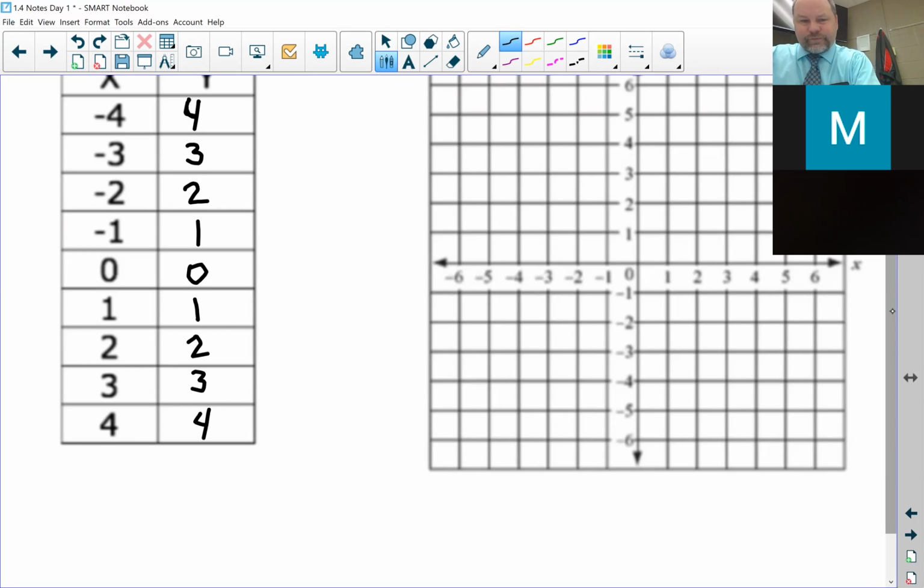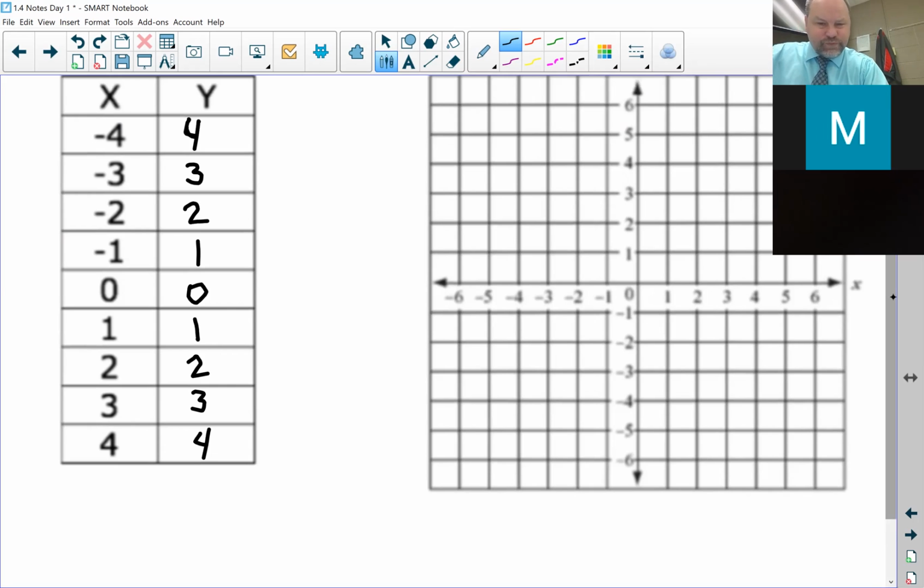So one way to graph this is just plot each point. -4, 4, -3, 3, -2, 2, -1, 1, 0. 1, 1, 2, 2, 3, 3, 4, 4.